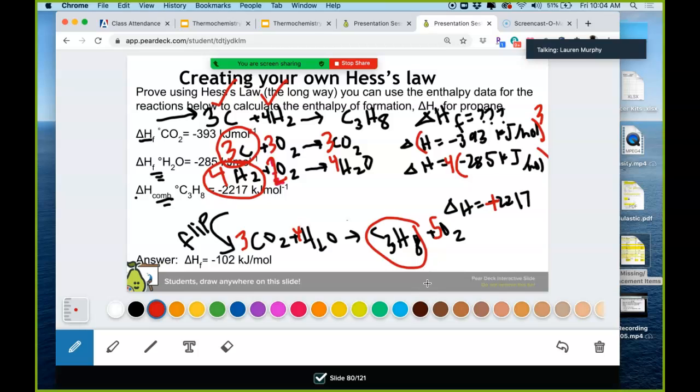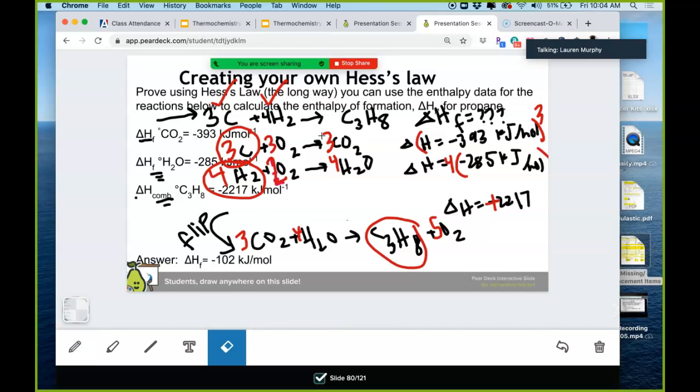Okay? All right, now let's look at everything that cancels. 3 carbon dioxide on the products and 3 carbon dioxide on the reactants cancel. 4 waters as a product and 4 waters as a reactant cancel. 3 oxygens plus 2 more oxygens as reactants is a total of 5 oxygens as reactants, and there are 5 oxygens as product.